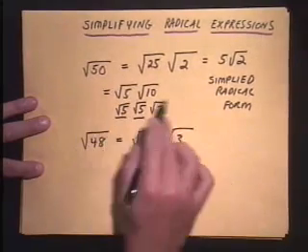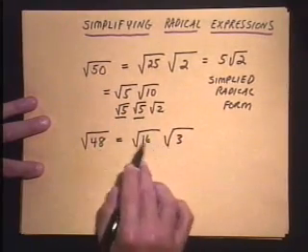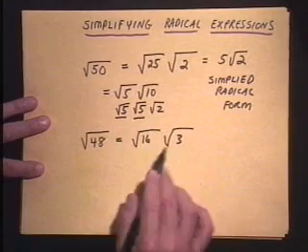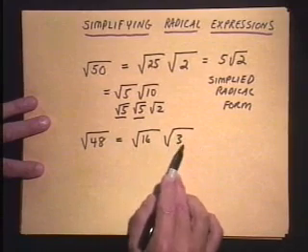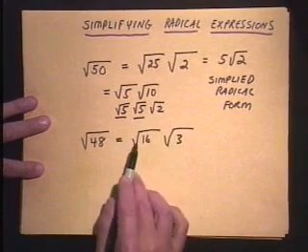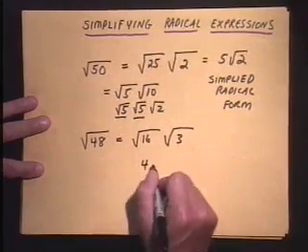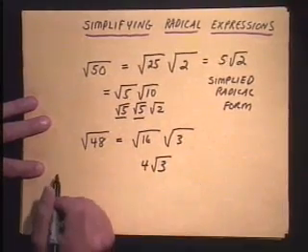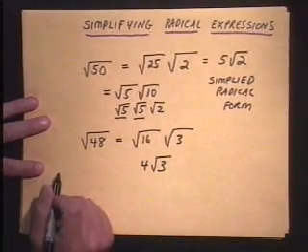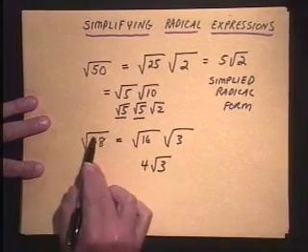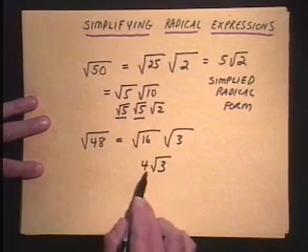But you could prime it if you couldn't get 16 and 3 and still get the same answer. So the square root of 16 times the square root of 3. Now, you know that the square root of 16 is 4. And we end up with the final answer of 4 times the square root of 3. So the square root of 48 in simplified radical form is this.